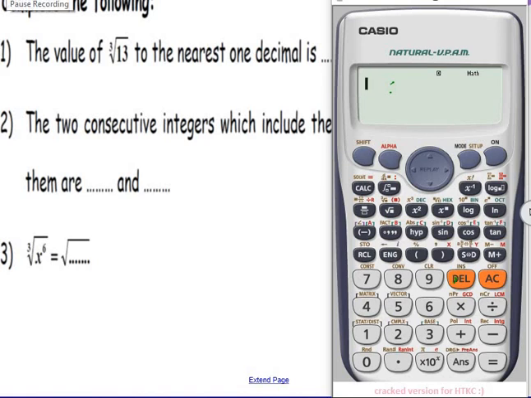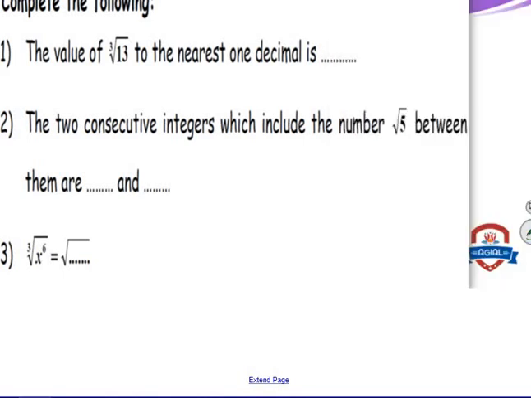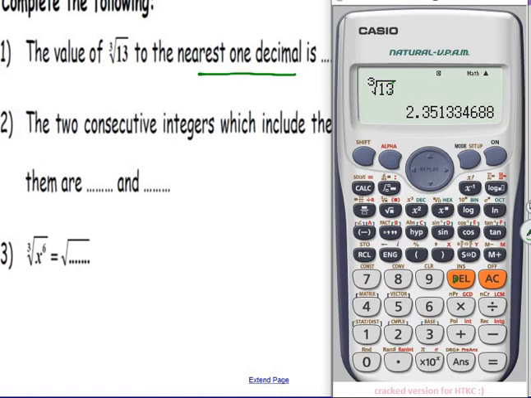We have shift, then it will be the cube root of. The cube root of 13 equals 2.351 and so on. I need the nearest 1 decimal number, so we put 2.3.